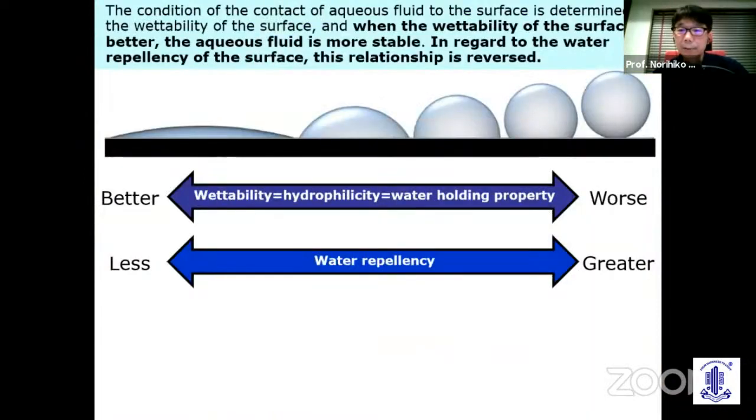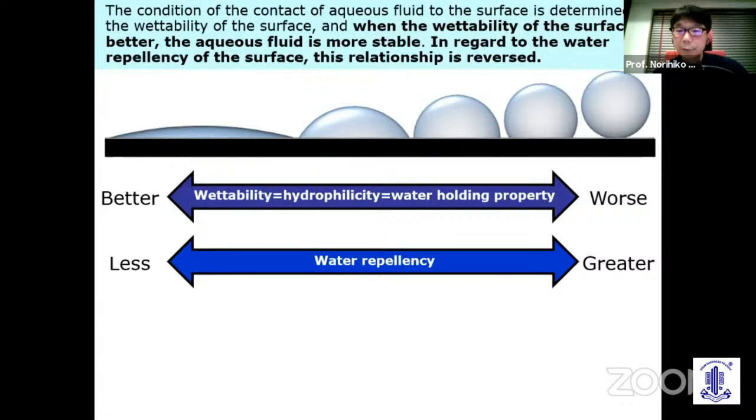It is well known that the condition of the contact of aqueous fluid to the surface is determined by the wettability of the surface. In other words, when the wettability, in other words, hydrophilicity and water holding property of the surface is better, the aqueous fluid is more stable.